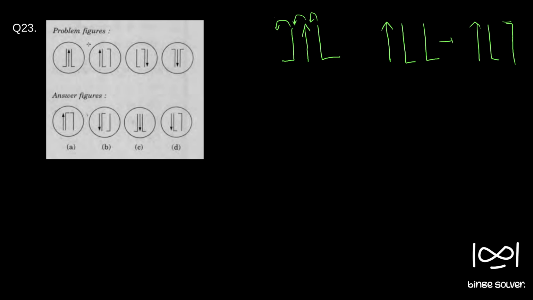Everyone is moving to its left, and after moving to the left, the first item gets inverted. So if you apply it to this figure, we will just draw this figure.